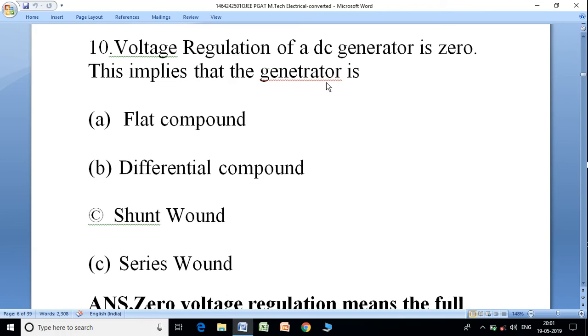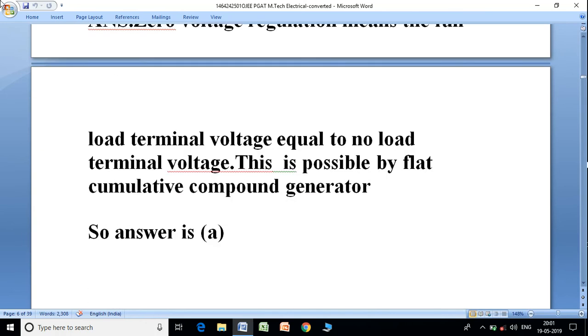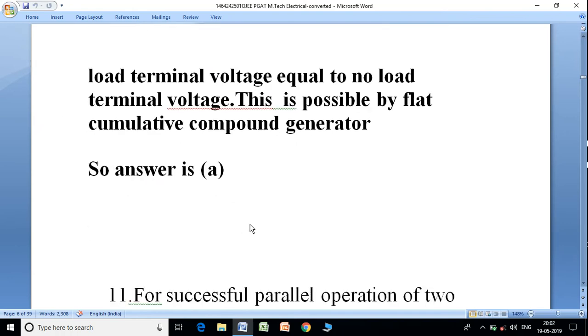This implies that the generator is flat compound, differential compound, short shunt series. Zero voltage regulation means the full load terminal voltage equals the no load terminal voltage. This is possible by a flat cumulative compound generator. Therefore, answer A is the correct answer.